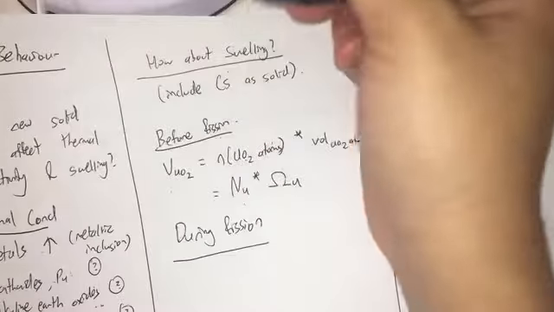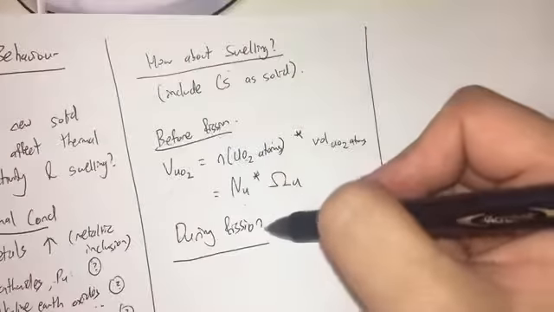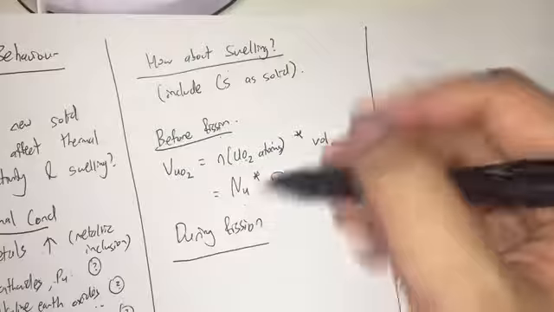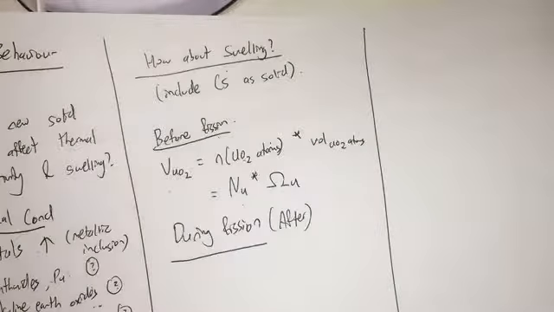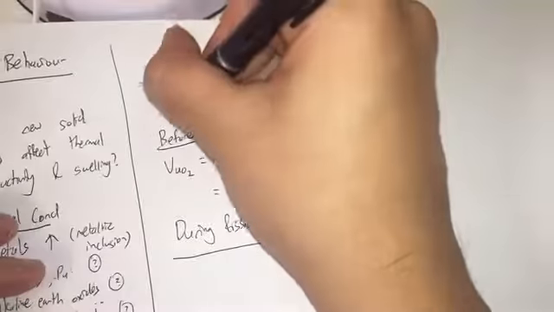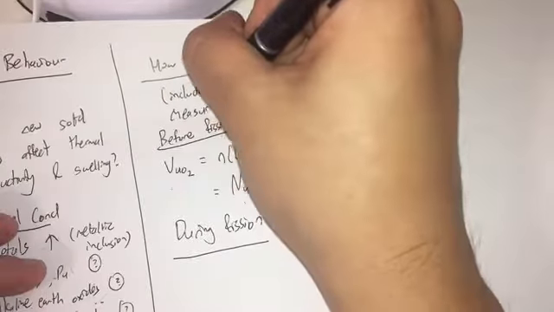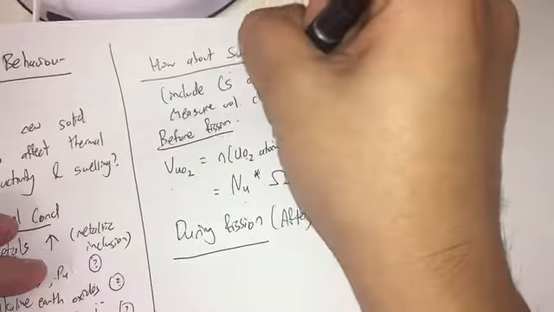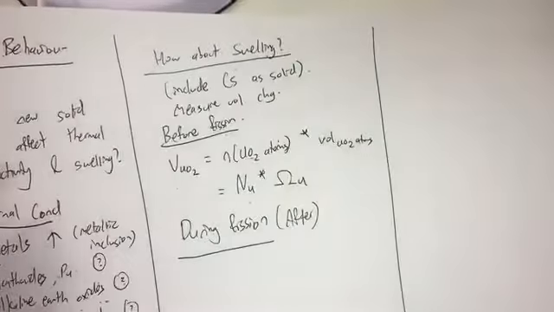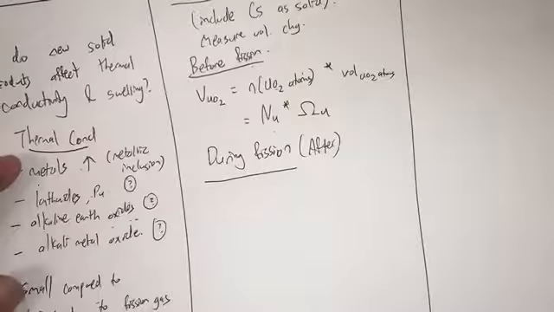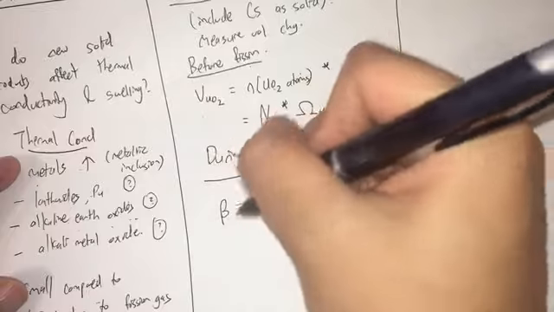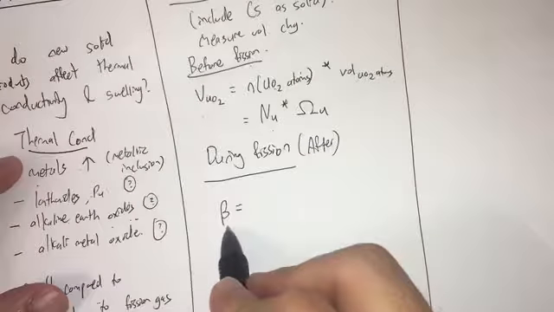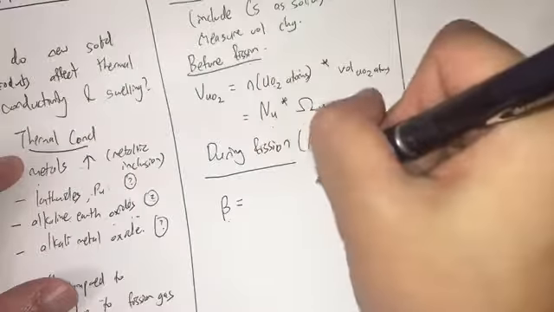We want to measure the volume change, before and after fission. There is a term we want to use called burn up.